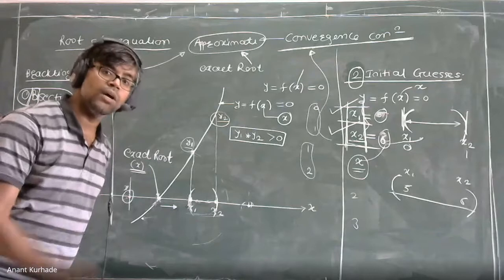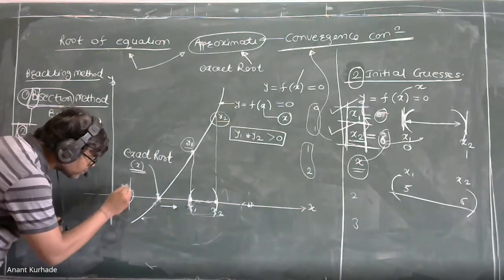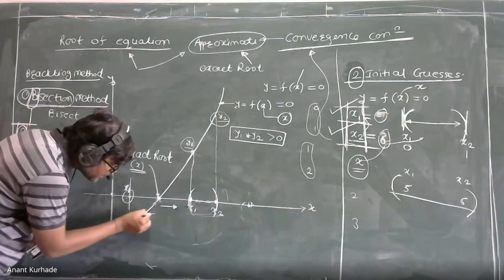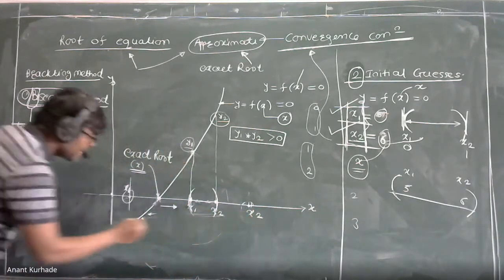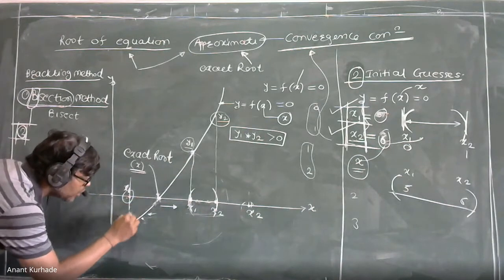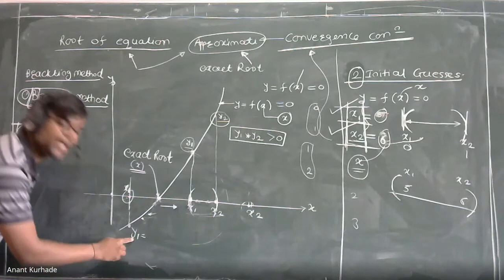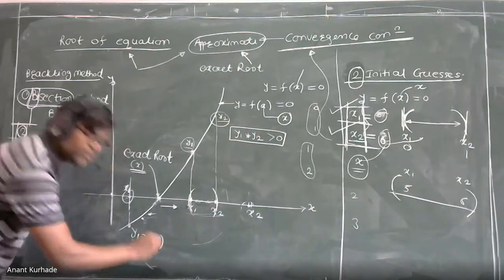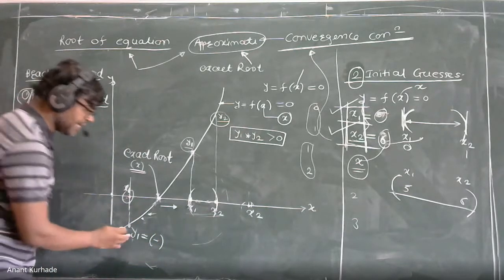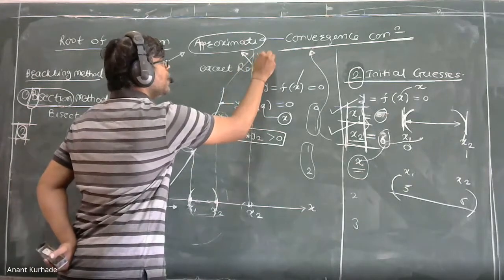Now, if this is the value of x1, that means one is towards the left side, and one is towards the right side, x2. We find the value of y1. The sign of y1 here is minus, fourth quadrant. We deal only with the sign. And here, y2 is plus.